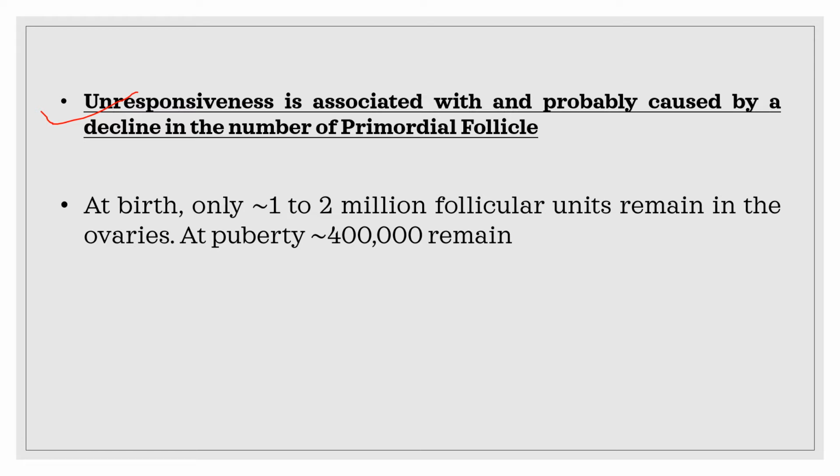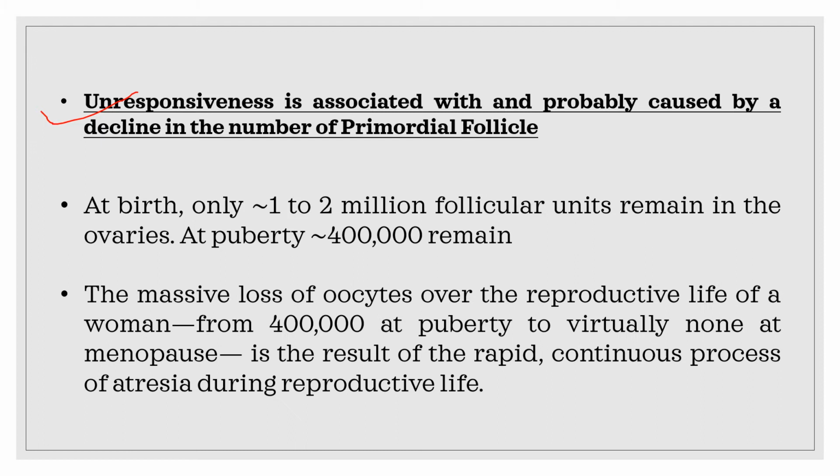But at menopause, there will be no active primordial follicle. This massive loss of oocytes, from 4 lakh at puberty to virtually none at menopause, is the result of a rapid, continuous process of atresia during reproductive life.